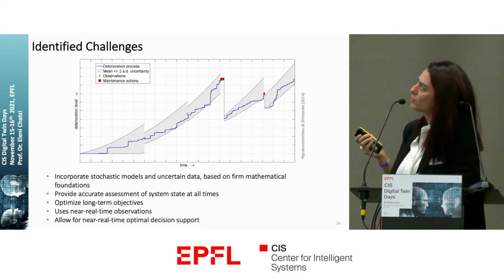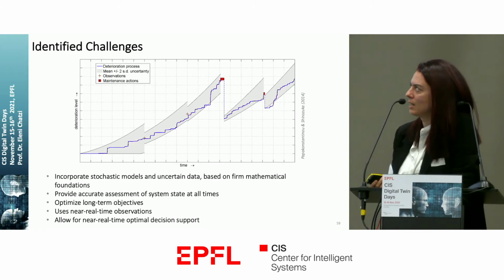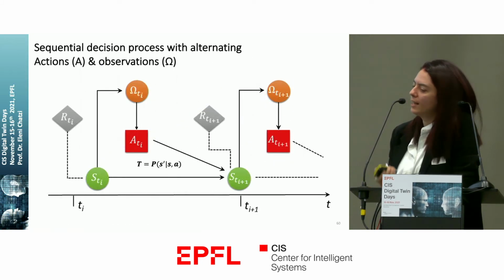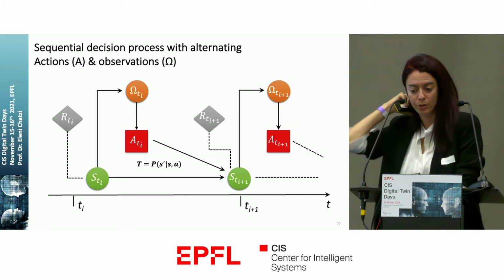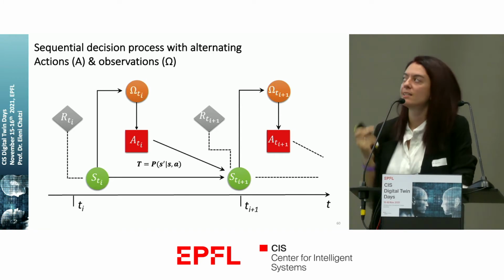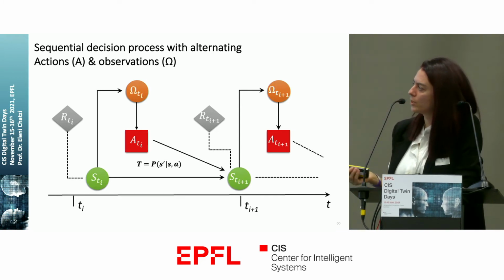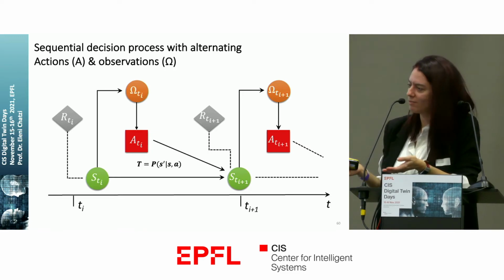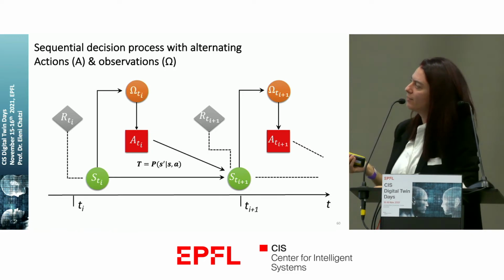You want to be able to predict this in time so as to take the critical decision to improve the system when it makes sense so that you can extend its remaining life. And the way in which you can organize this problem when you have monitoring information is as a sequential decision-making process, where you have the state of your system, the condition, the indicators that I explained before, evolving in time.